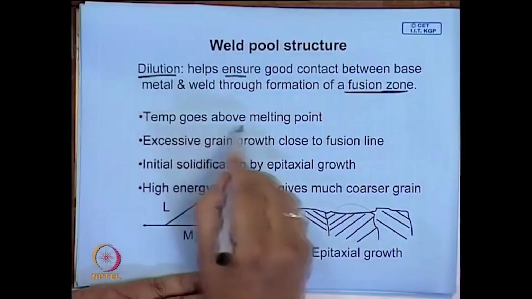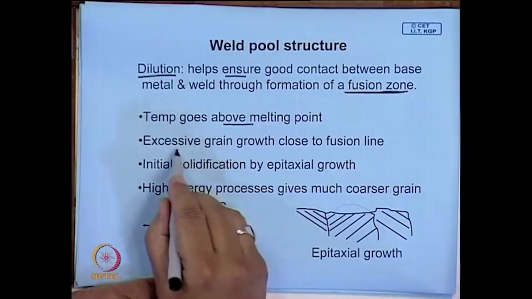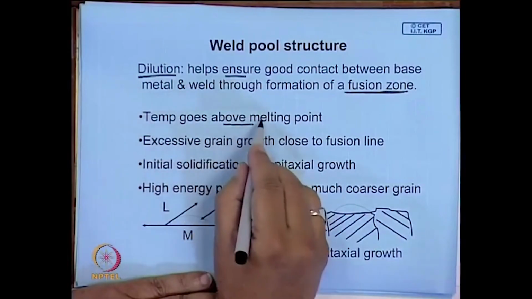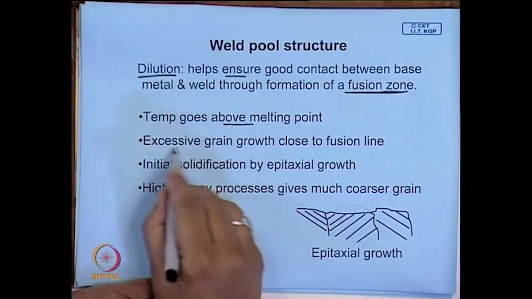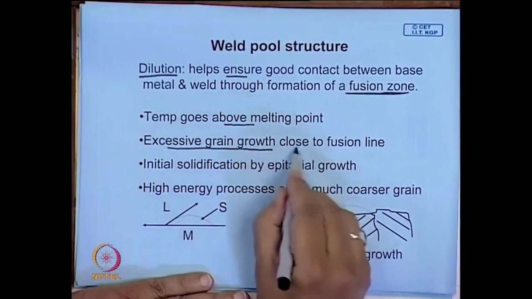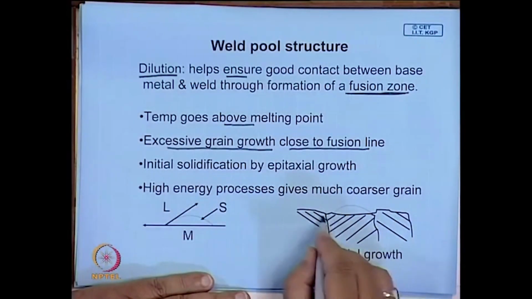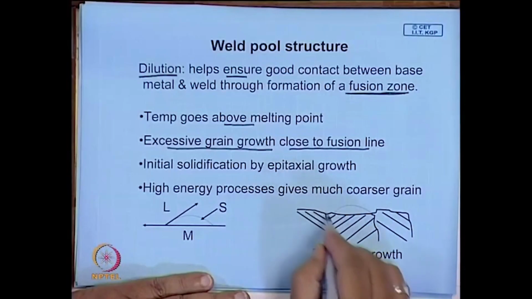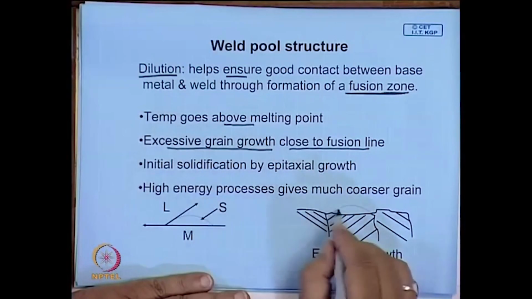Now, the temperature in this zone definitely goes above the melting point, and the just surrounding region will be so hot that there is likely to be excessive grain growth close to the fusion line.